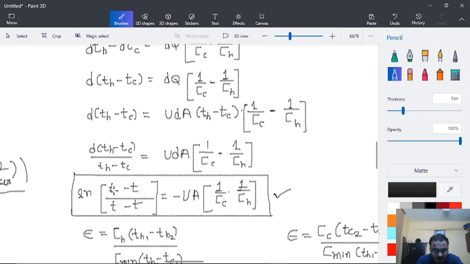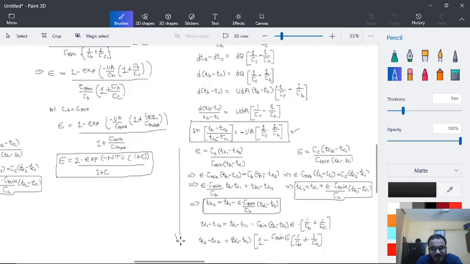So here we will have TH1 to TC2, here TH2 and TC1. If you see, the integral limits are reversed here and a negative sign is put here. The remaining things are already known to you, and these two things will remain as they are. This whole thing will remain the same because it is simply the formula of effectiveness.